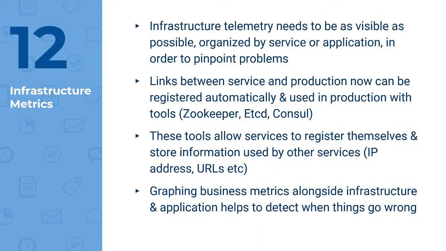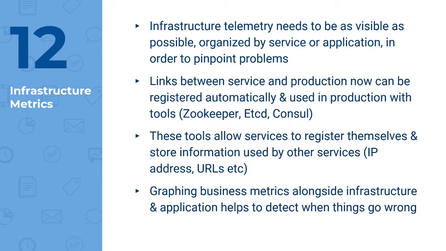Infrastructure metrics. Infrastructure telemetry needs to be as visible as possible, organized by service or application in order to pinpoint problems. Links between services and production can now be registered automatically and used in production with tools like Zookeeper, etcd, Consul, and so on.